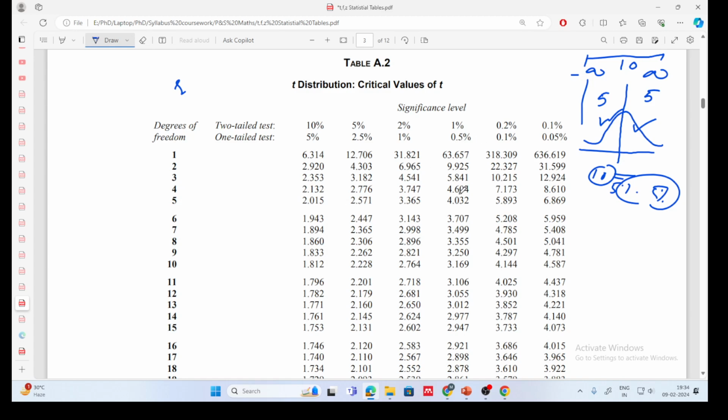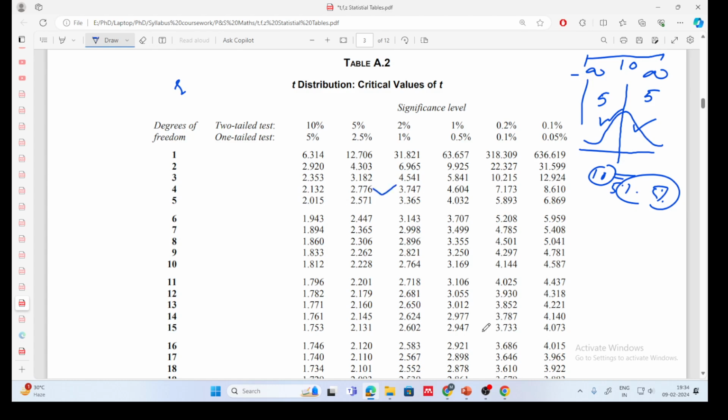In the question, if it is given 1%, then we can go for that. If it is 5% also, there is no issue with that. The T test value is 2.70, so we are not accepting the null hypothesis.